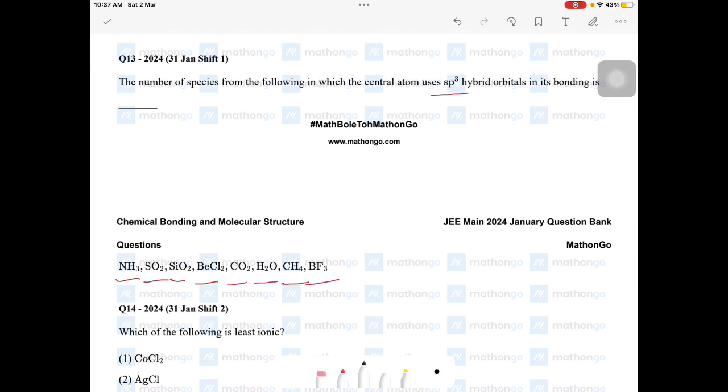Out of this, NH3 hybridization is sp3. SO2: sulfur is a group 16 element containing 6 valence electrons. Out of 6, 4 are involved in bond formation with 2 oxygen, remaining 2 electrons, 1 lone pair. So that's why sp2 hybridization.